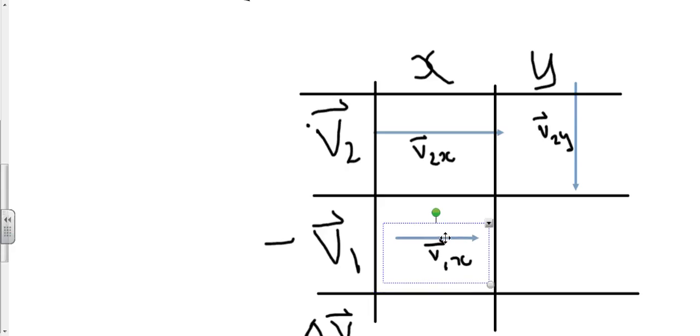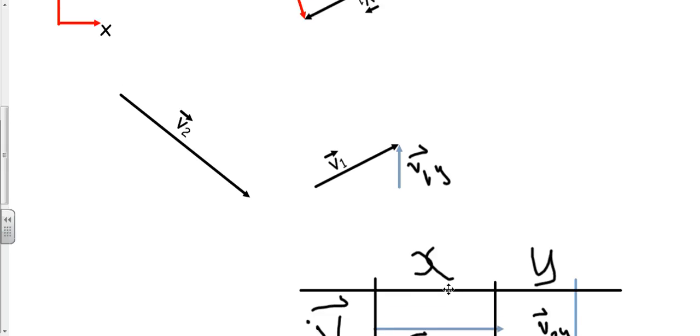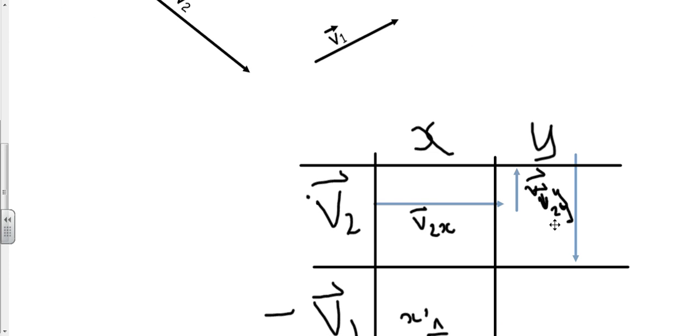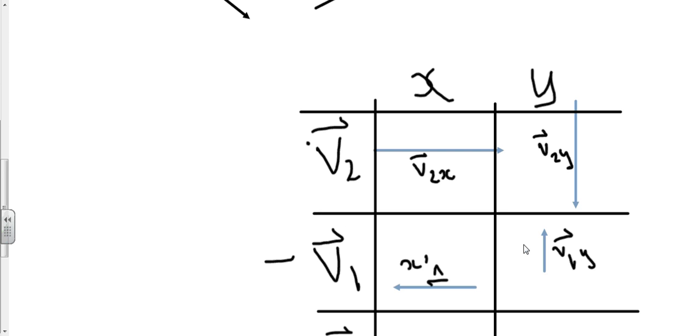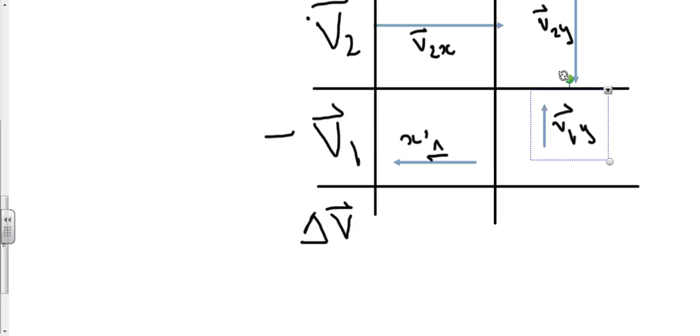But what we need to remember is that since we're going to be subtracting them, it's going to flip around. So minus v1x. And the same with v1y. Since we're subtracting it, what does that mean? That means it changes direction. Okay, so since I changed the directions, what does that mean? That means that now I'm just going to add these.